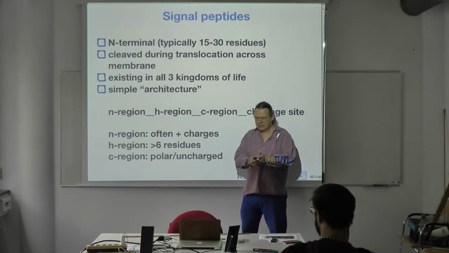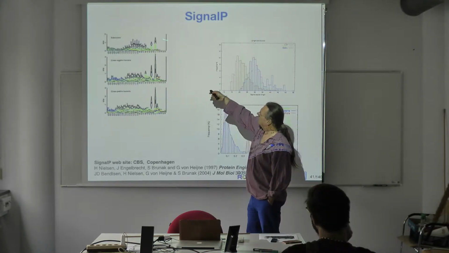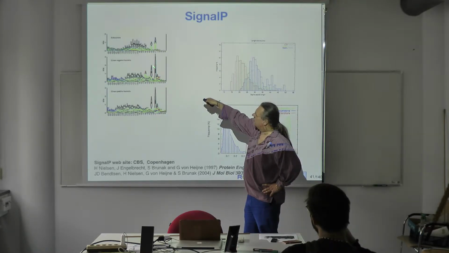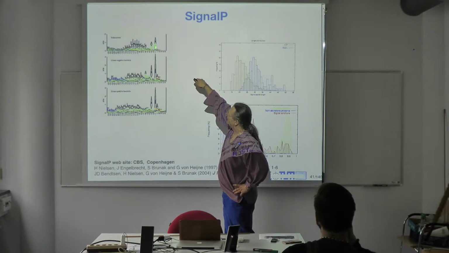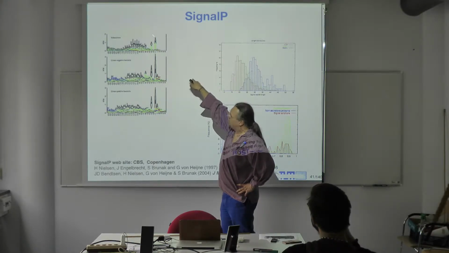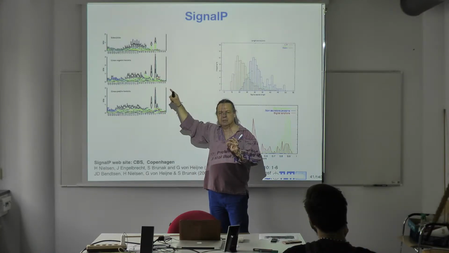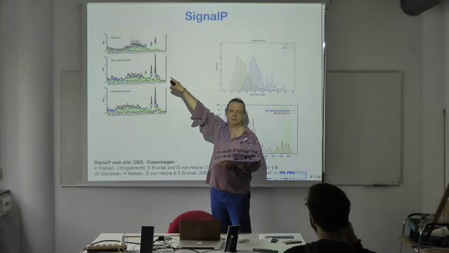Now you could refine that by running a bunch of these. So this is eukaryotes, and sorry for the quality here, gram-negative bacteria, gram-positive bacteria. That is the cleavage site here. And what you do not see, but what I see, essentially is a letter. The height of the letter is proportional to how often you see that letter at that position.